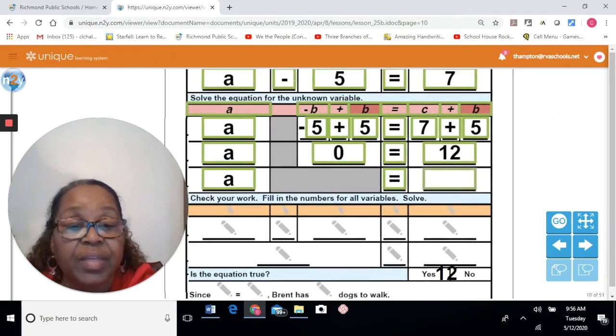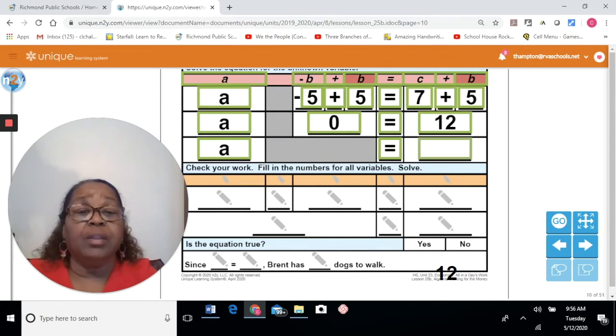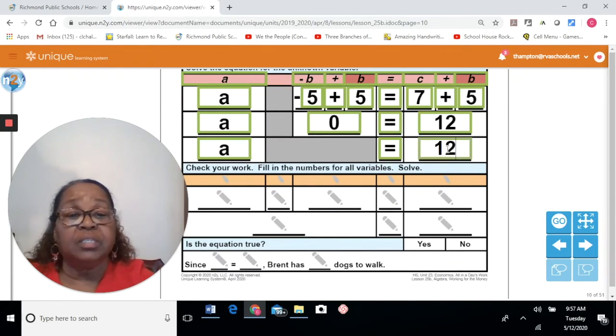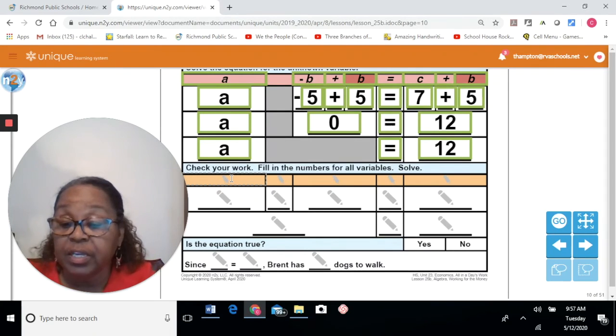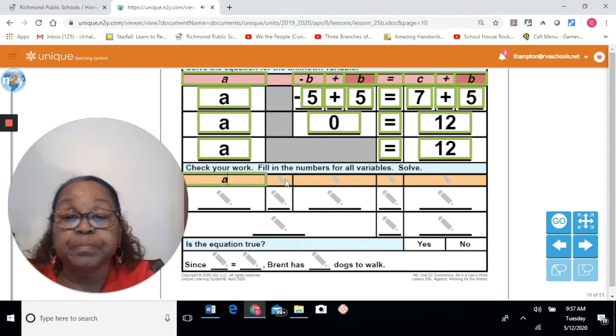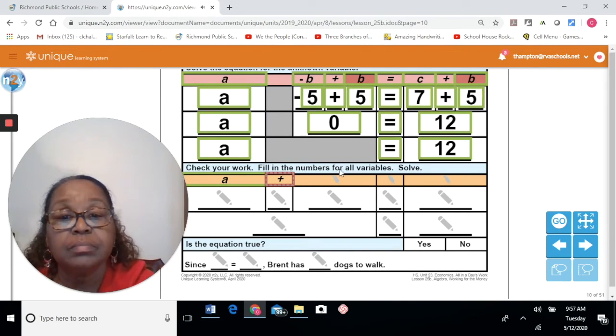Now that we have that answer, we have to check our work. We have to make sure that we got it right. There's a possibility that we could have gotten something wrong. So let's just check ourselves. So we go back to the original equation, which is A, oh, it was minus.